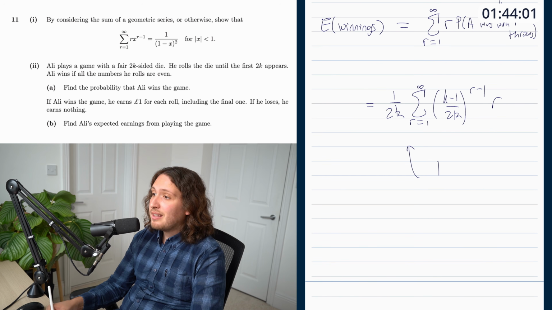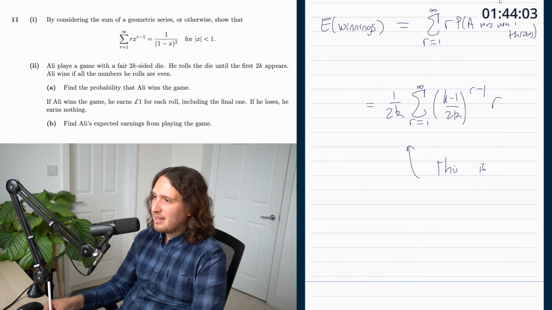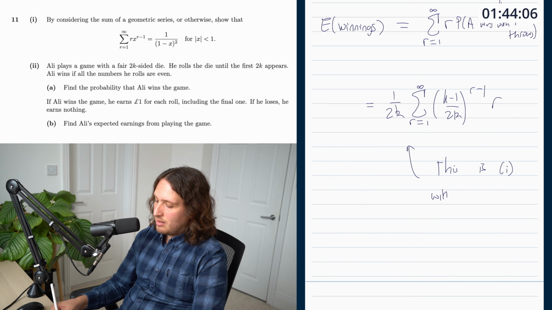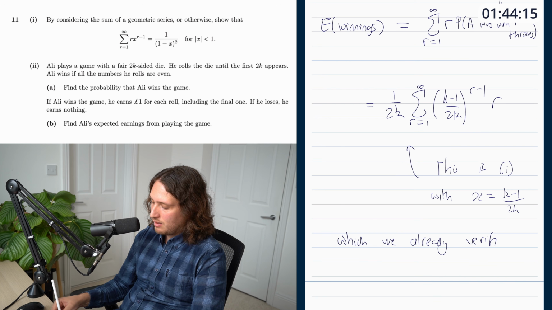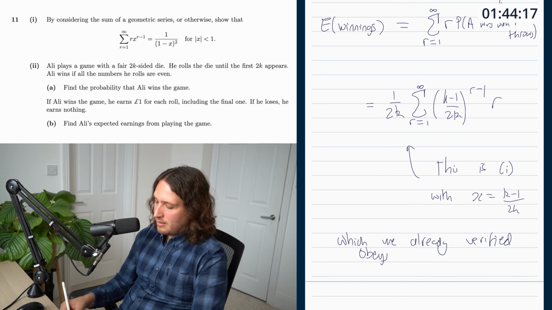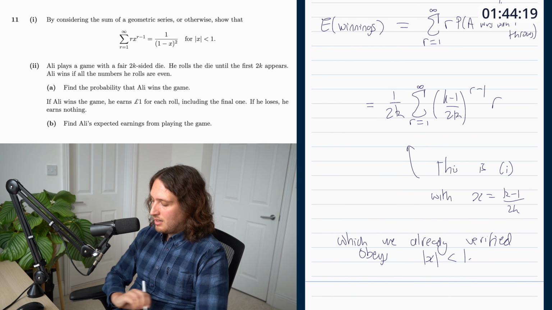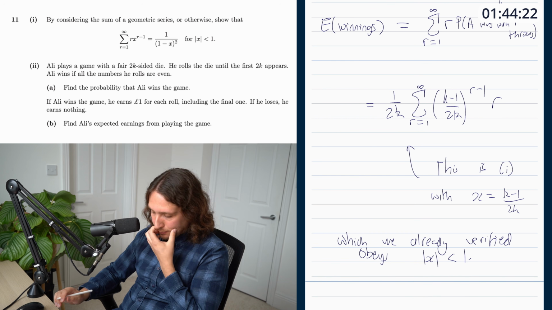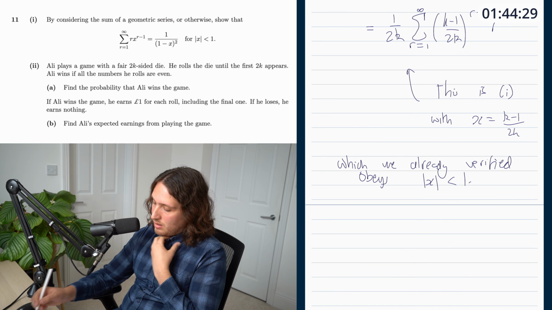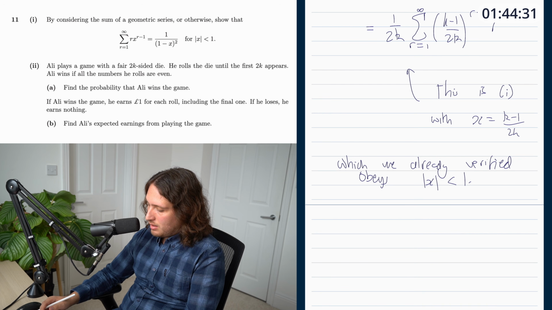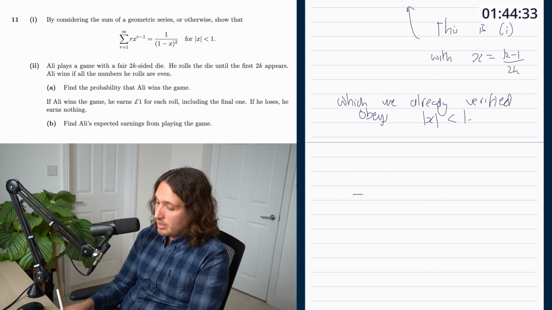Okay. This is clearly part 1 with x identified with that, which we already verified in the last part, obeys magnitude of x is less than 1. So that's fine. I can just use the result, right?